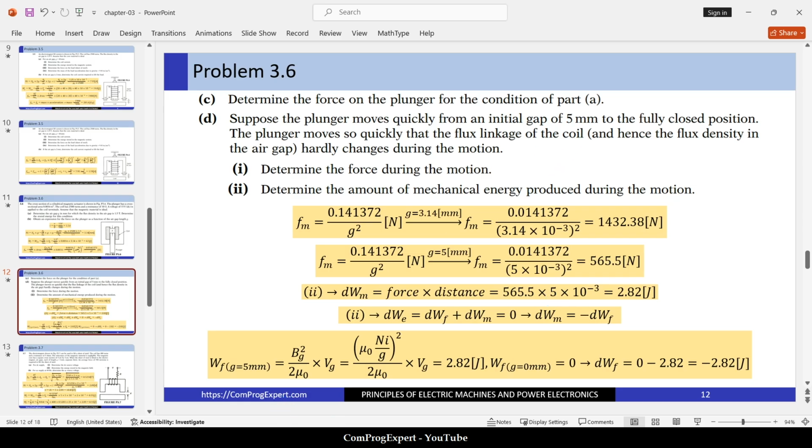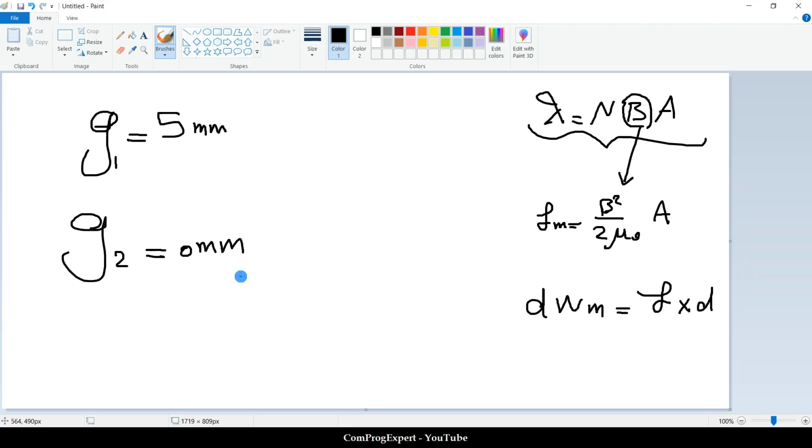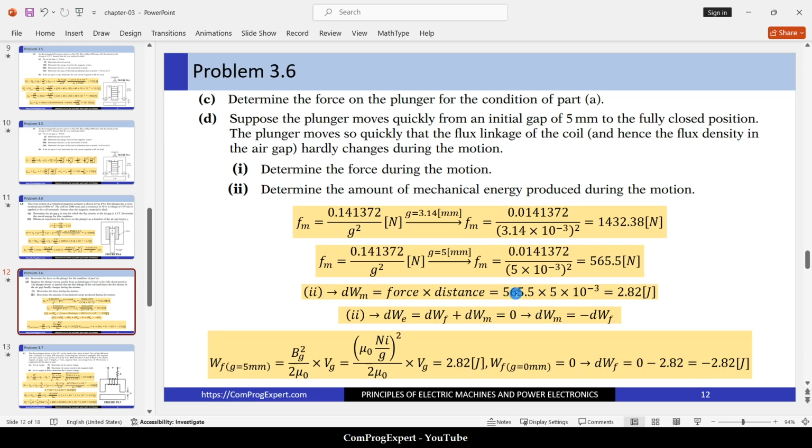Yes, the first air gap thickness is 5, the next one is 0. We have a 5 millimeter movement. So 5 times this force is the mechanical energy. This is in millimeter. We have 2.82 joule. Change in the value of the mechanical energy.